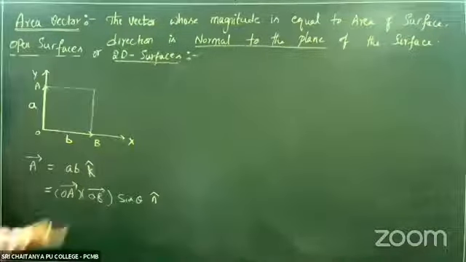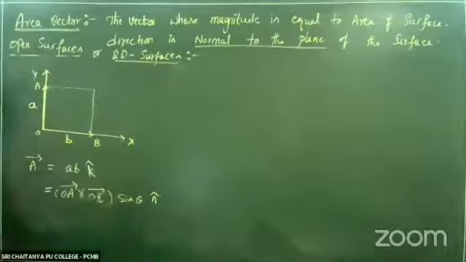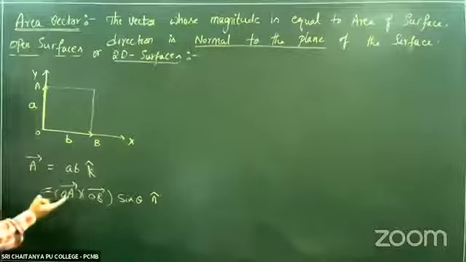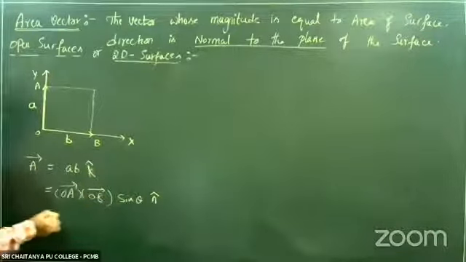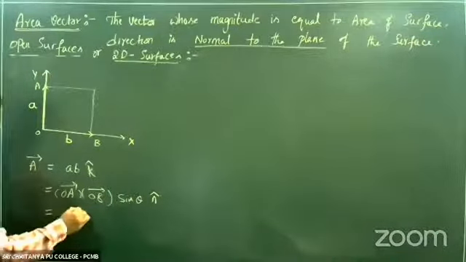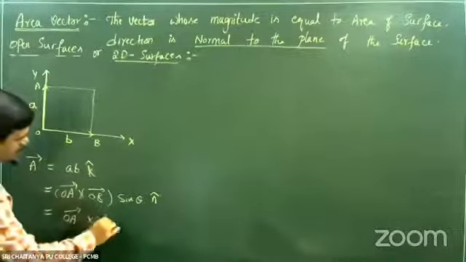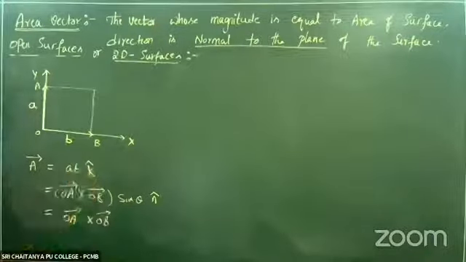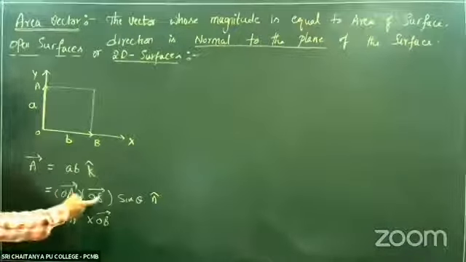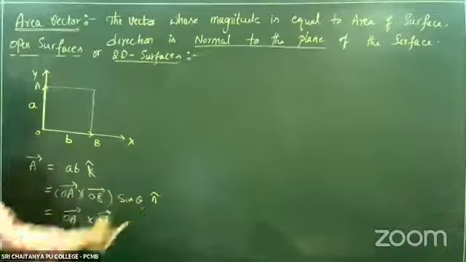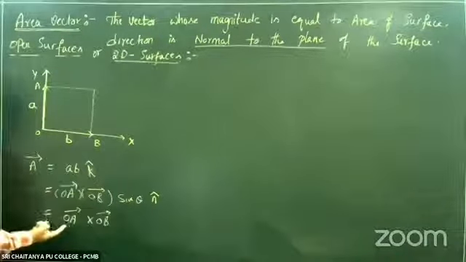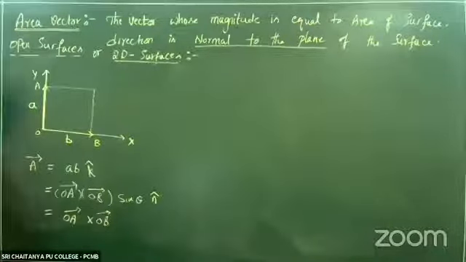Why did you get it like this? See, OA, OB, sin theta into n cap. Is it not OA cross OB? This is one vector. OA, OB, sin theta into n cap is the formula for OA cross OB.